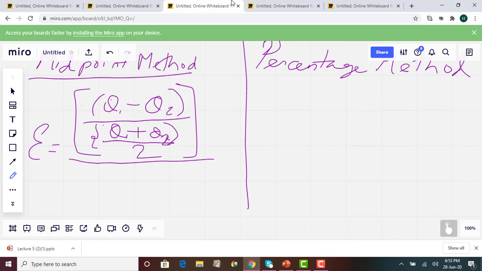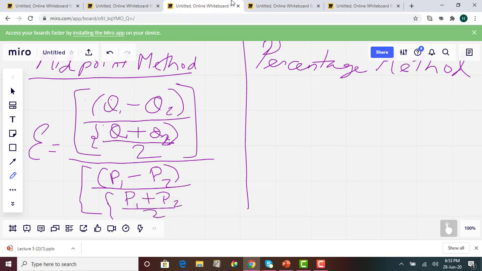So there you go, back again. On the numerator we are going to have quantity demanded, and on the denominator we are going to have P1 minus P2 divided by P1 plus P2 divided by 2. That's the midpoint method.